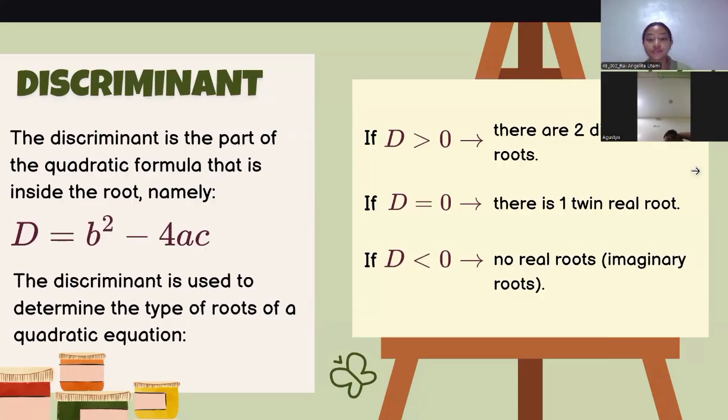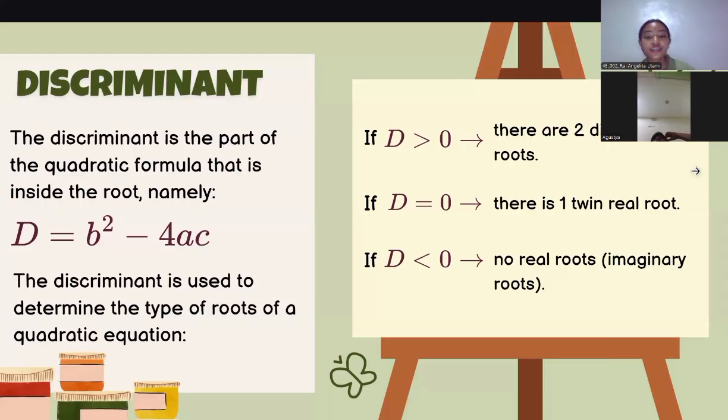There are three possible cases. First, if D is greater than 0, the equation has two distinct real roots. Second, if D is equal to 0, the equation has one repeated real root, or a double root.